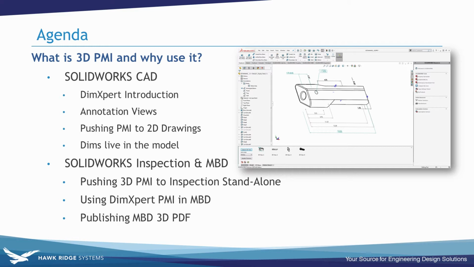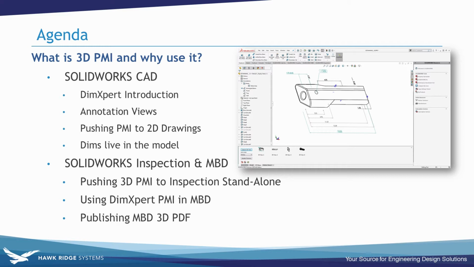Another thing we need to touch on is annotation views. This is something that has been in SOLIDWORKS for a very long time. It's just not something a lot of people are aware of because it's pretty much automated. When you create anything 2D in a 3D space, you're creating that on an annotation view or an annotation plane, even if you don't realize that's what's happening.